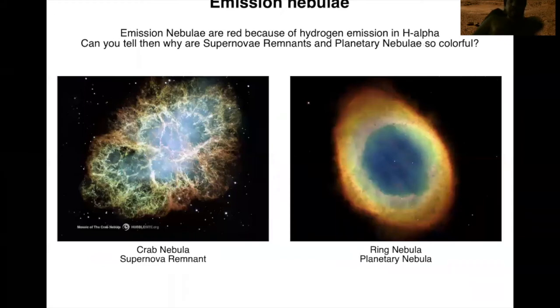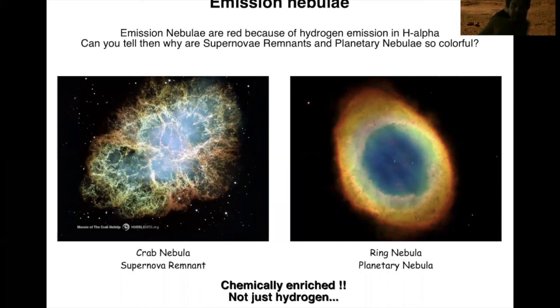Emission nebulae are red because of hydrogen emission in H alpha, but supernova remnants and planetary nebulae are also emission nebulae, and they're very colorful. This is the Crab Nebula, which is a supernova remnant, and the Ring Nebula, which is a planetary nebula. They are so colorful because they're chemically enriched. They're not just hydrogen.